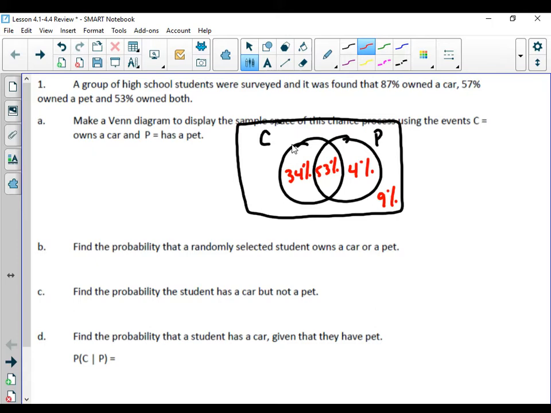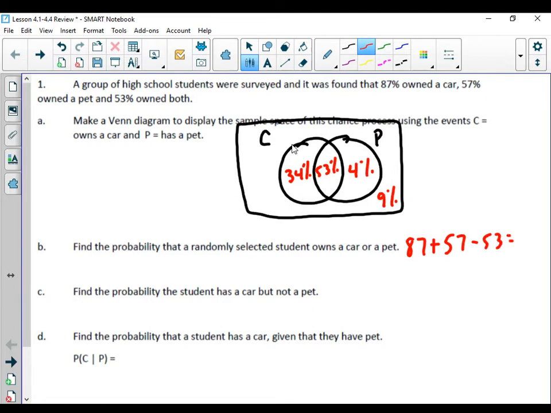All right, so part B wants to know, what's the probability that a randomly selected student owns a car or a pet? We can do this a couple of ways. One way we can think about it is, what's the probability they own a car, which we know was 87%, plus the percentage that own a pet, which we know is 57%, but I'm going to take away the percentage that own both, which is 53%.